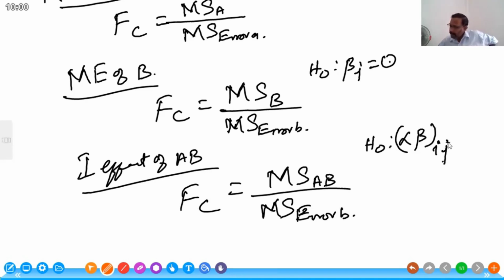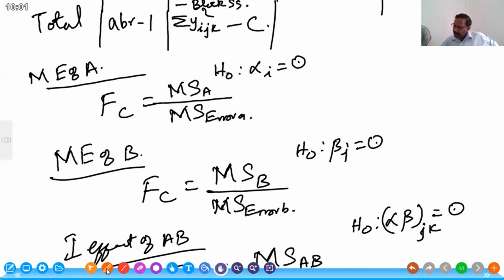Here we are testing the null hypothesis alpha beta, sorry, not ij. Here is some mistake. We are not taking i as the block, so it should be alpha j beta k.